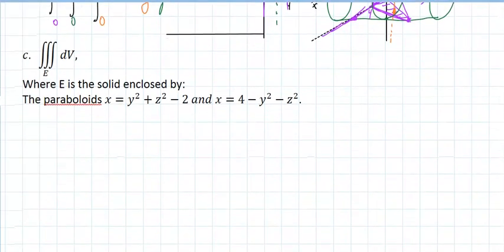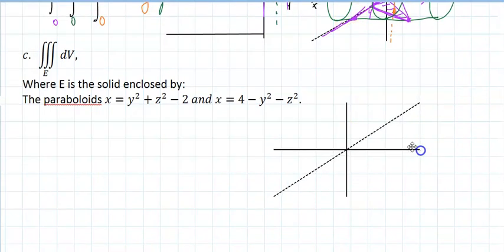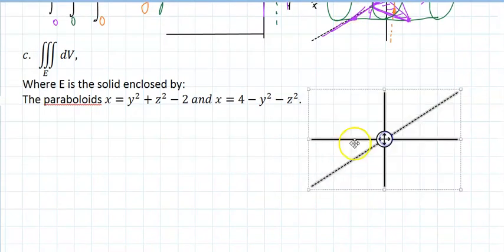How does this look? If I'm asking you to find the triple integral, here I'm looking for volume because I just put a 1 there. Well, E is the solid enclosed by the parabola z equal -2 plus x squared.